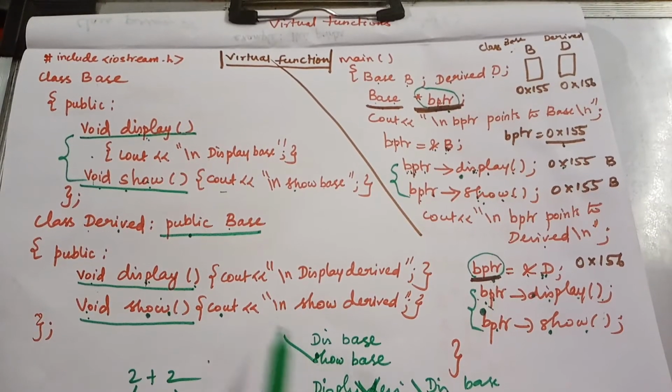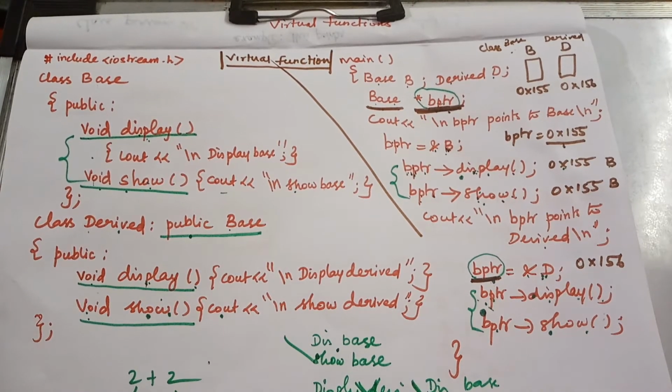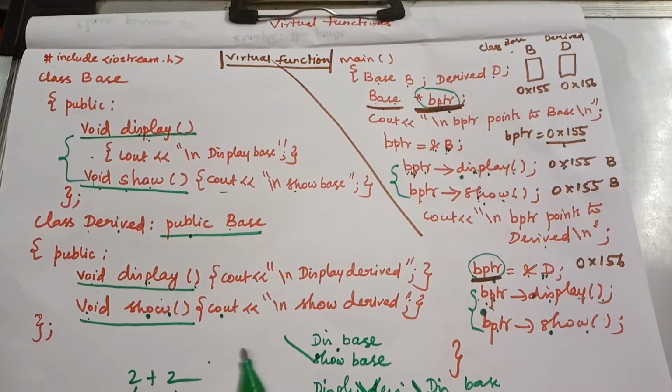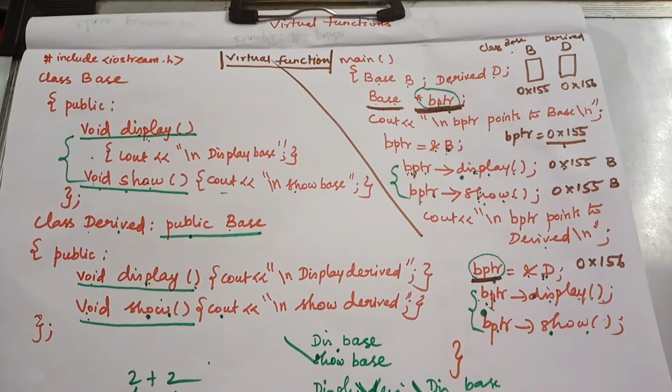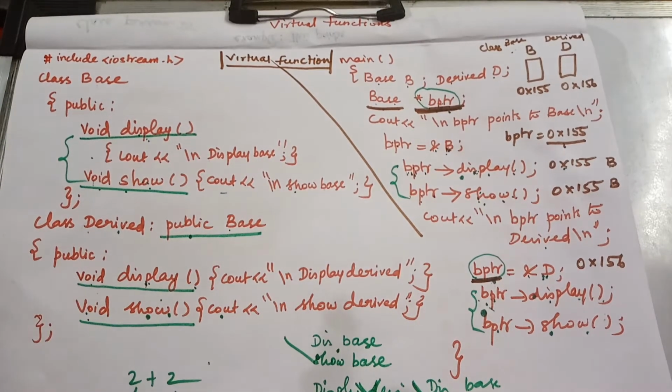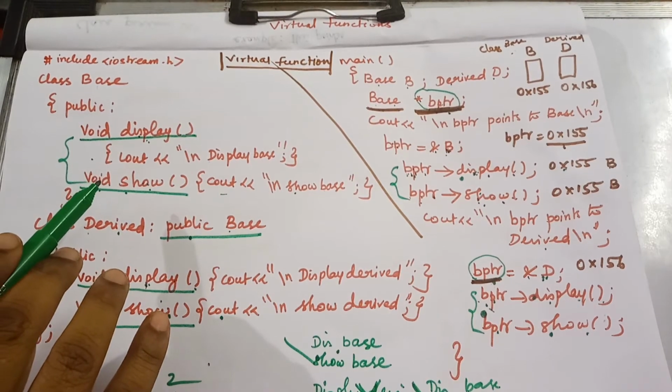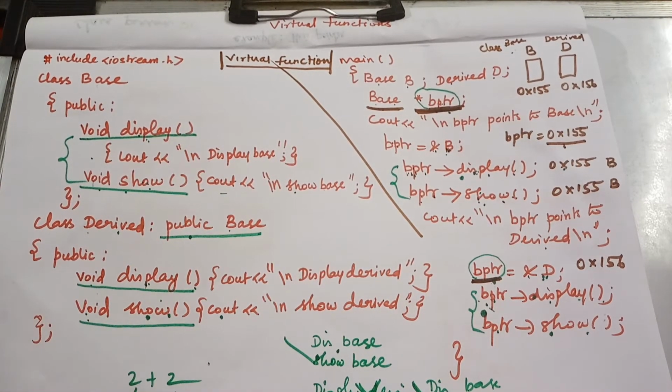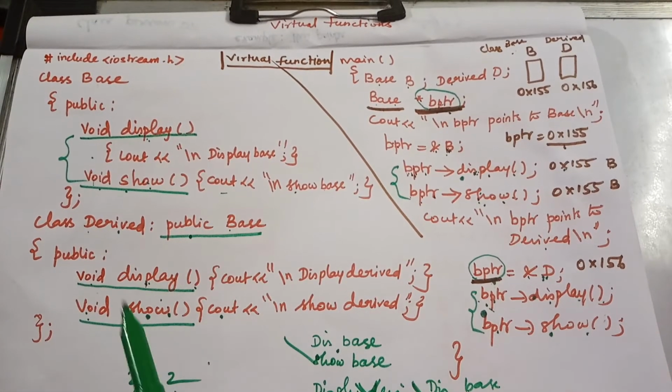So this answer is a duplicate of the first one, but this is wrong. I don't want this type of output. Whenever you are calling for the base class, base class data should be printed. Whenever you are calling for the derived class, the derived class content should be printed.